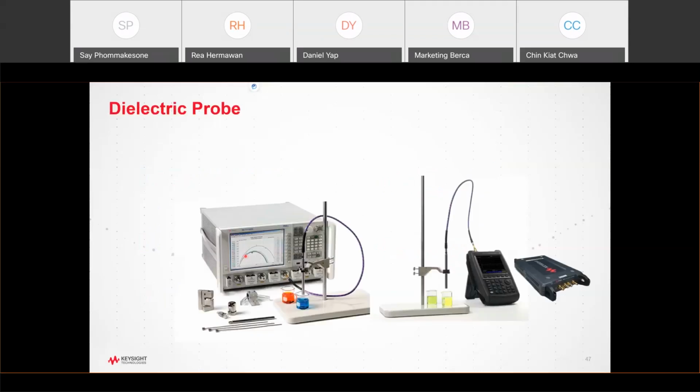I hope this is the Dielectric Probe. The Dielectric Probe can be used with a benchtop instrument, the handheld product, or the USB Streamline vector network analyzer. In this case, it requires a PC to run the instrument.